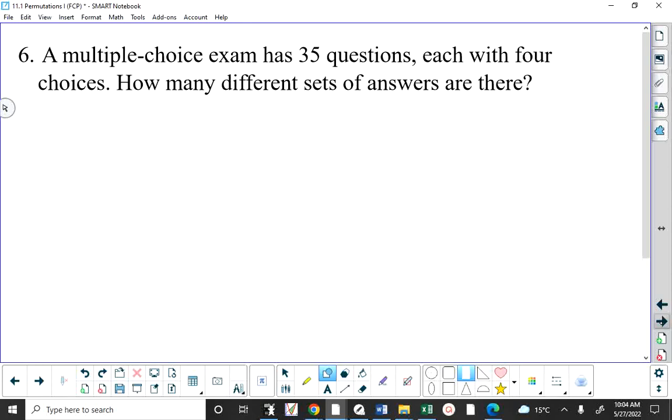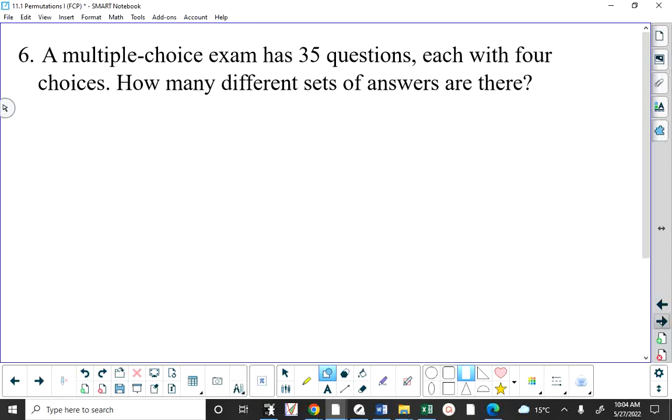Multiple choice exam has 35 questions, each with 4 choices. How many different sets of answers are there? So I could build my test and have every answer being A. That's one option. I could go A, B, C, D, A, B, C, D, A, B, C, D. I could go A, B, B, B. Like if I ran through all of the arrangements, how many would there be?